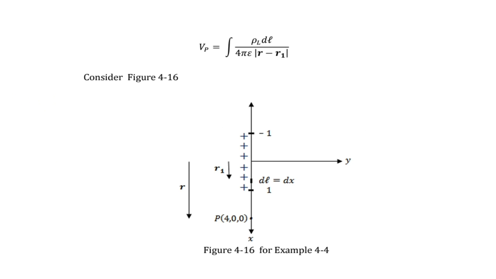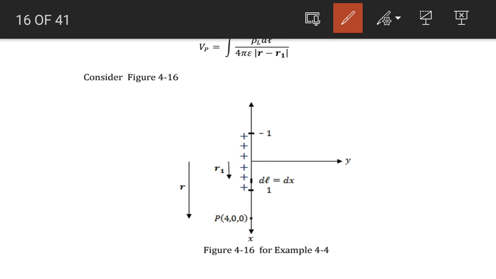So let us consider the line charge over here. And you see the line charge is extending from x is equal to minus 1 to x is equal to plus 1. Here is the point under observation, and this point is (10, 0, 0). So we consider a very small portion of the line over here, which is represented by dl.